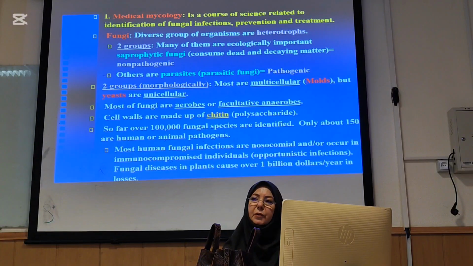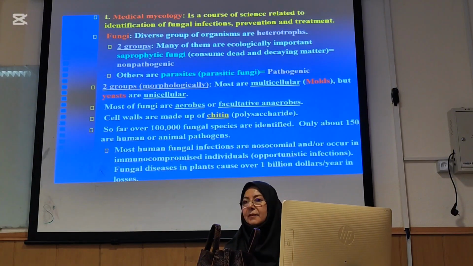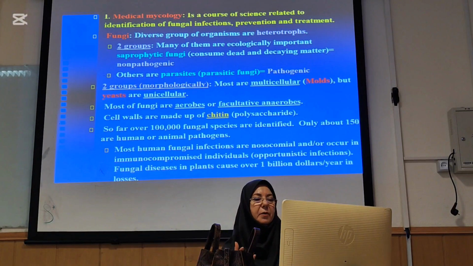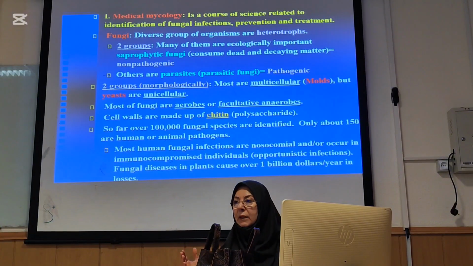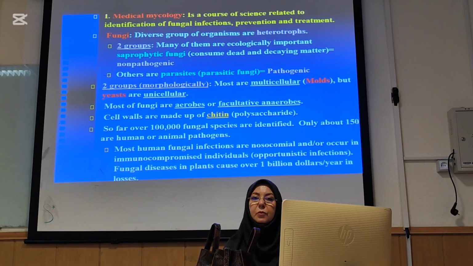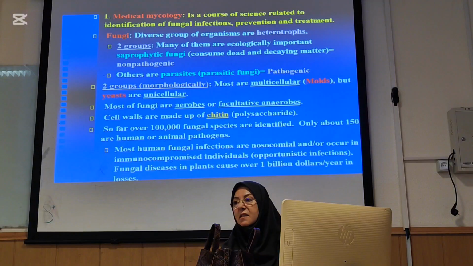From the point of view of the shape of the fungi, we have 2 groups. The first group are called molds or filamentous fungi, and the other group is called yeasts.